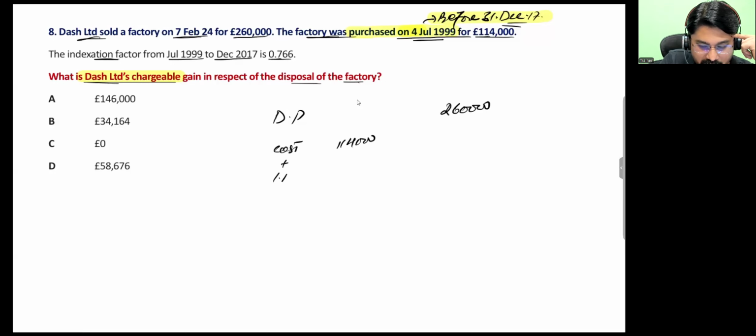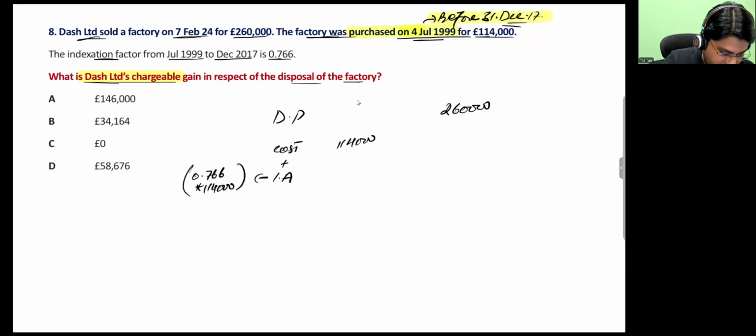In this cost, we are adding indexation allowance. How can we calculate it? The index factor is given as 0.766, multiplied by the expenditure amount, which is the asset purchase cost. So indexation allowance is 0.766 into 114,000, calculated as 87,324.